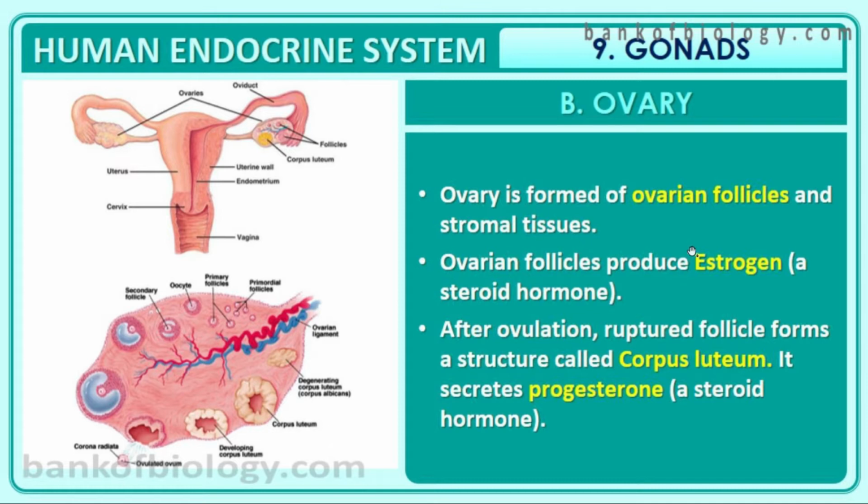So, how many hormones are secreted by the ovary? The ovarian follicle secretes estrogen. The corpus luteum secretes progesterone. Did you understand? The male sex organ secretes only one hormone, that is androgen. The female sex organ, the ovary, secretes two hormones, estrogen and progesterone.